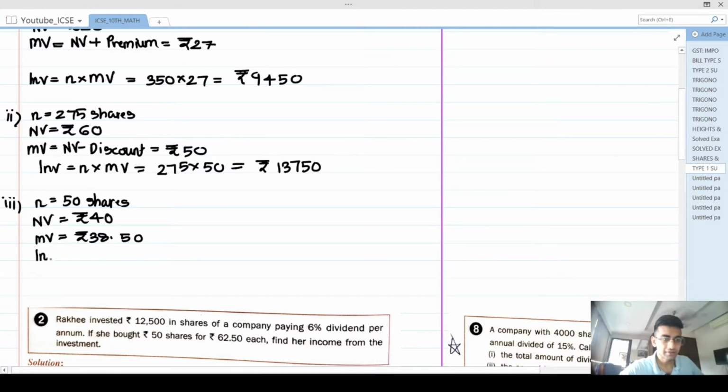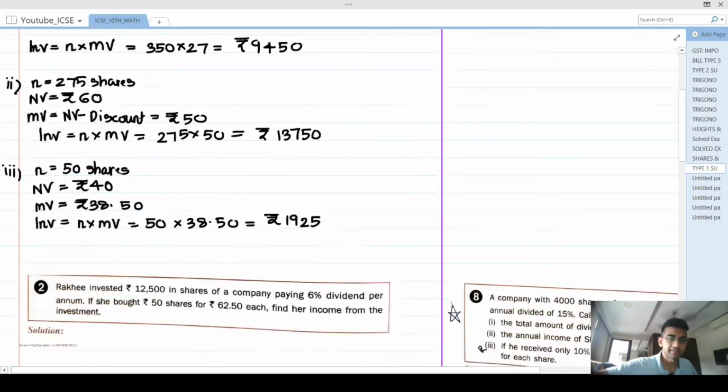So we have to calculate total investment. Again, it's N into MV. So that's 50 into 38.50. And that gives us. So technically over here, your face value was of no use to you. You could directly move on with the marked value. Next.